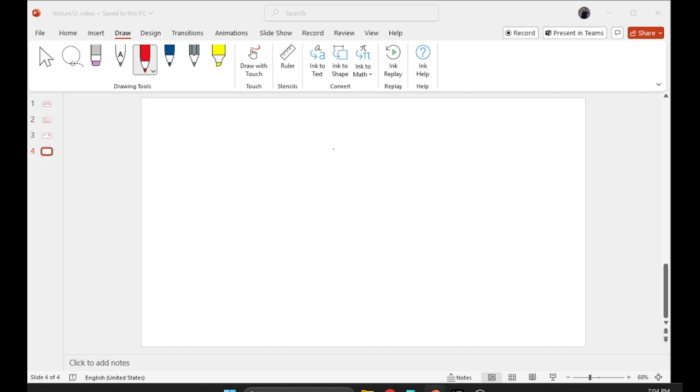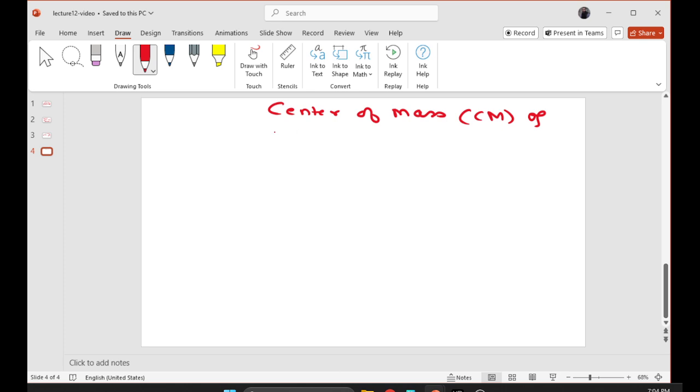The first definition of relevance here is that of the center of mass, C_m, of a rigid body.